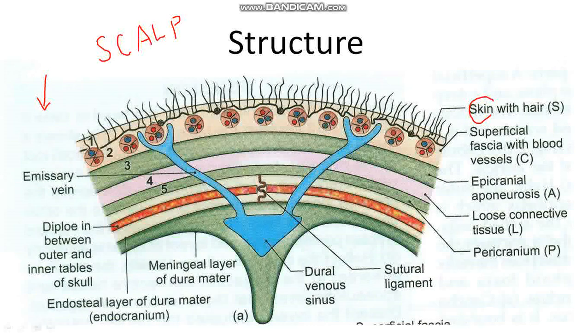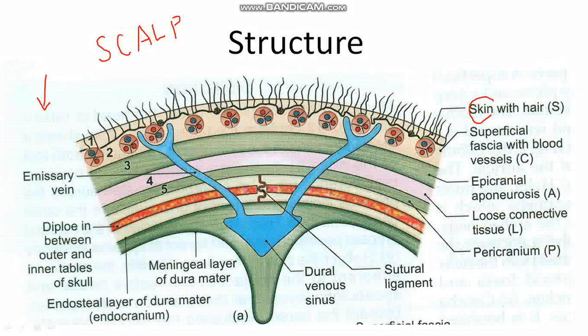Now below this is the connective tissue, a subcutaneous layer. So the skin is the superficial most part of the scalp.